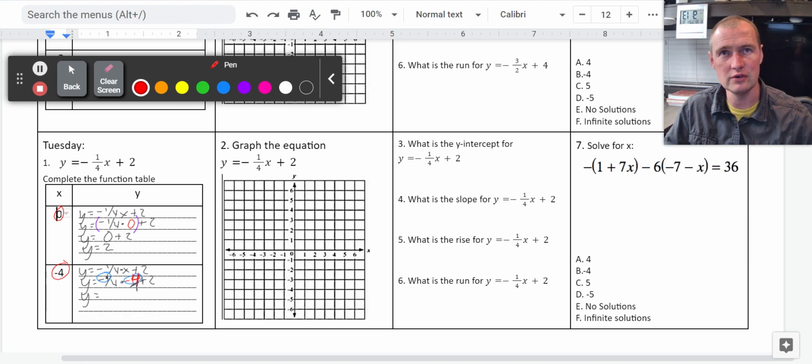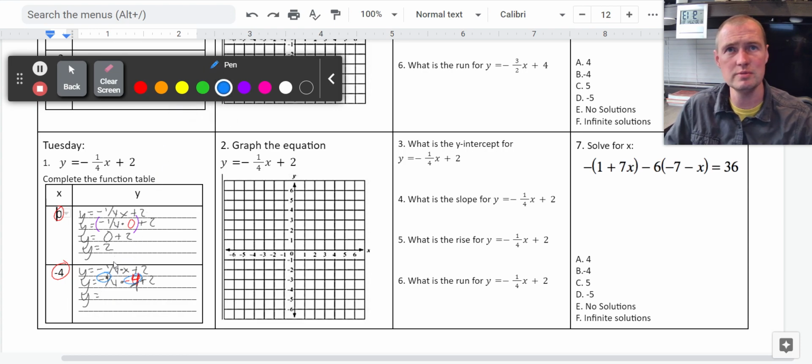The beautiful negative 4, by the way. Ignore that little line back there. And that's going to give us negative 1 times negative 4 is going to be a positive 4 over 4 times 1. So 4 multiply 1 is 4.